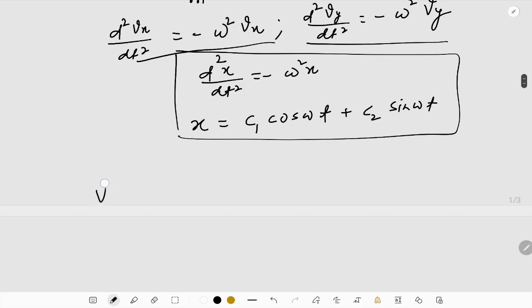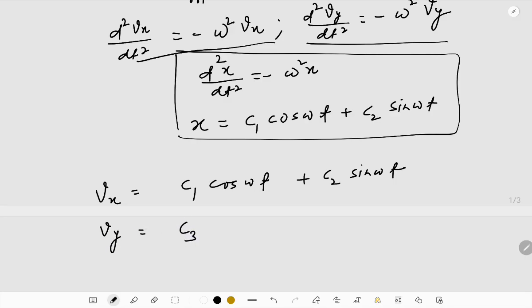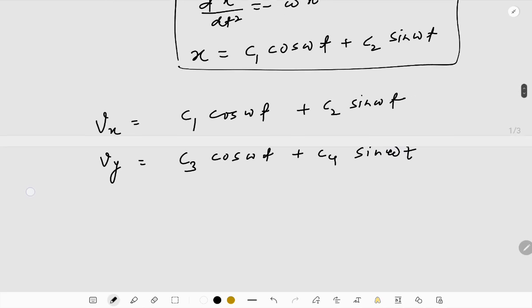You can write vx equals c1 cos omega t plus c2 sin omega t, and in a similar manner you can write vy equals c3 cos omega t plus c4 sin omega t, just changing the constants, nothing else.